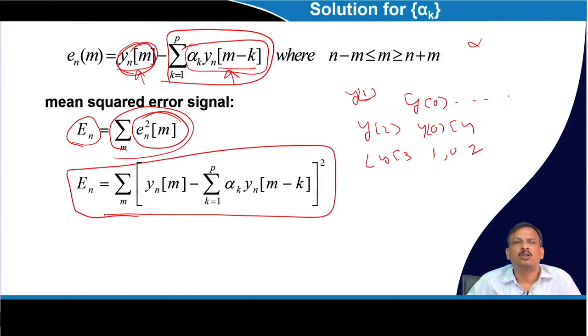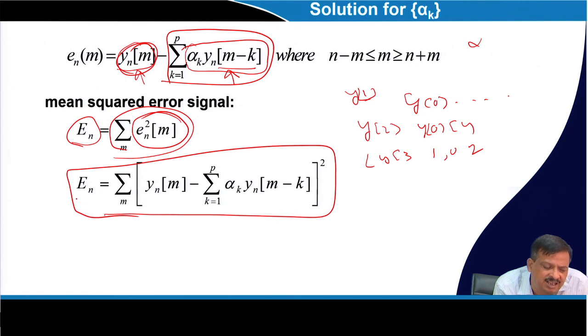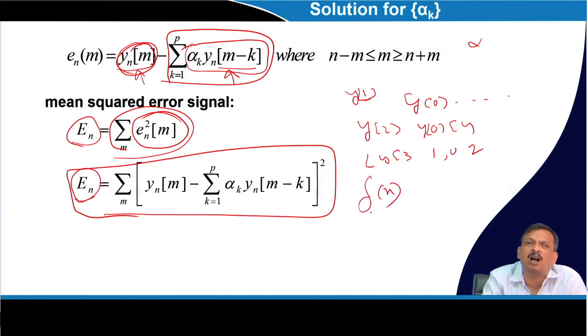Now I want to minimize the mean square error. It is a function, so how do I minimize it, and with respect to what? I want the set of alpha values where this E_n is minimum.